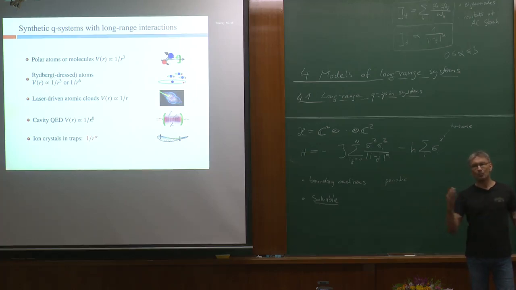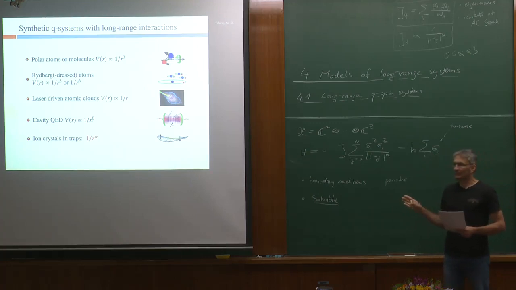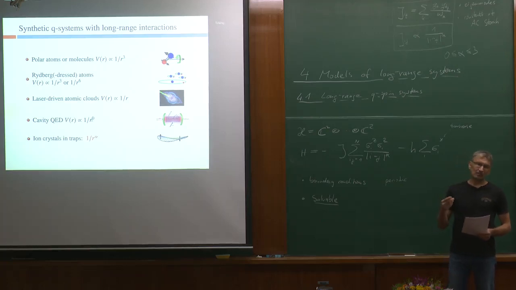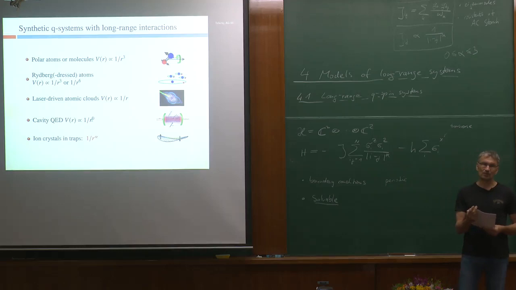So there is a whole range, and there's no clear notion of what it means for a model to be solvable. But I usually mean here that at least I can boil it down to a reasonable calculation, like diagonalizing a matrix of size n. If I only have to do this, then this is considered solvable.